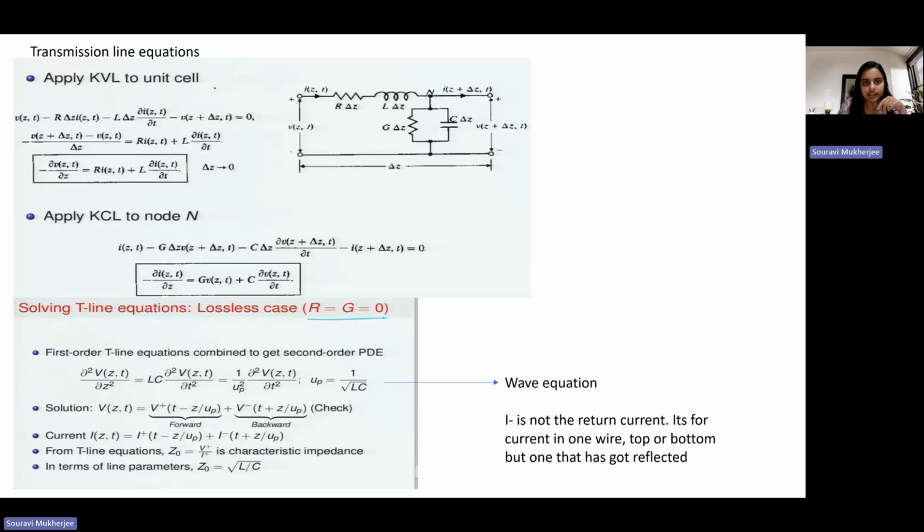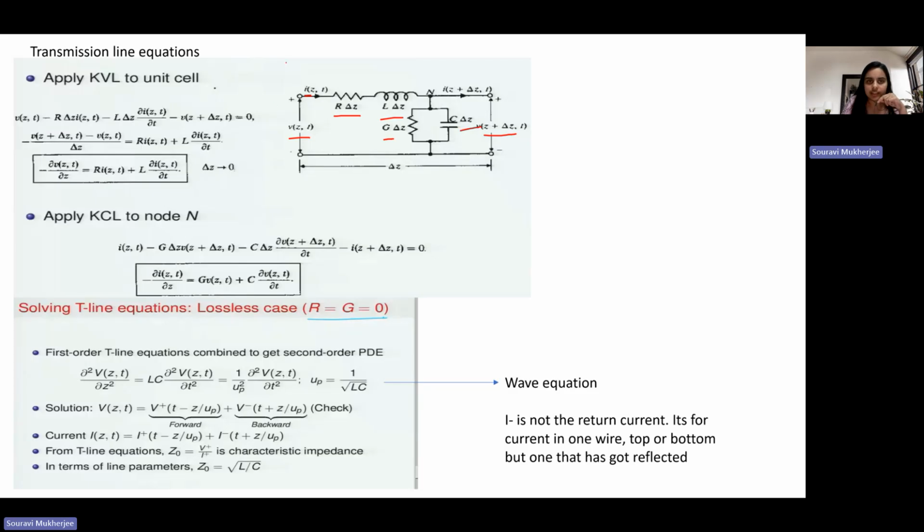You consider that here the input current is I, and this is some voltage here at some Z. And as it transmits, the output is at Z plus delta Z, so that is your output voltage. And then in between you have this resistor, this inductor, and this conductance and capacitance in parallel, right?